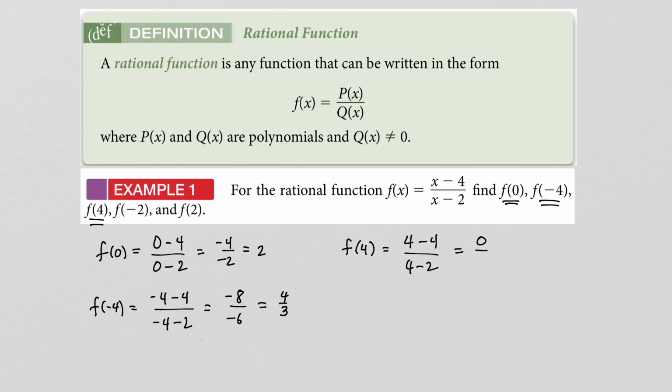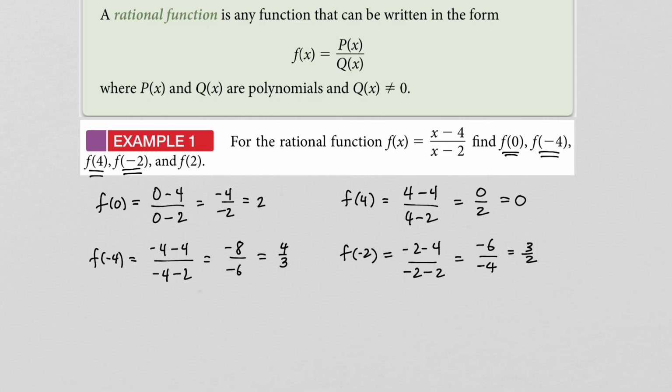This is 0 divided by 2, which is equal to 0. F of negative 2 is negative 2 minus 4 divided by negative 2 minus 2. And this is negative 6 divided by negative 4, and that reduces to positive 3/2.